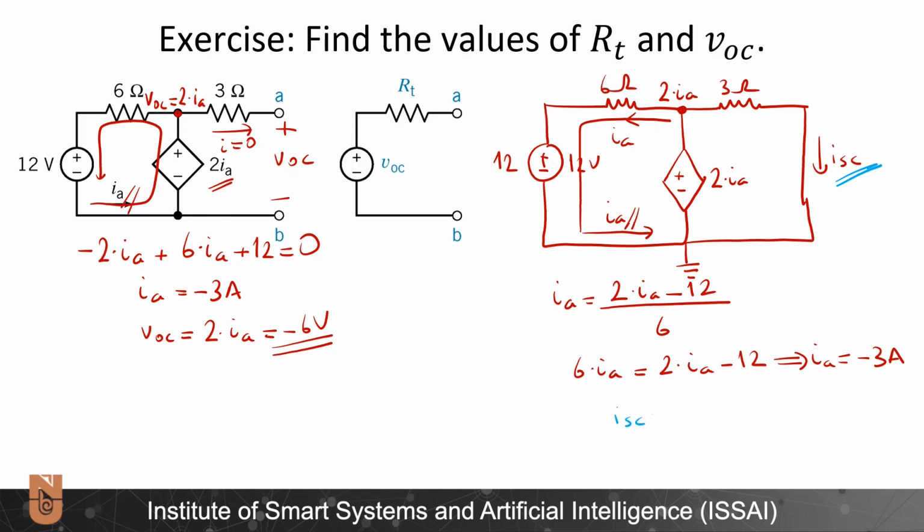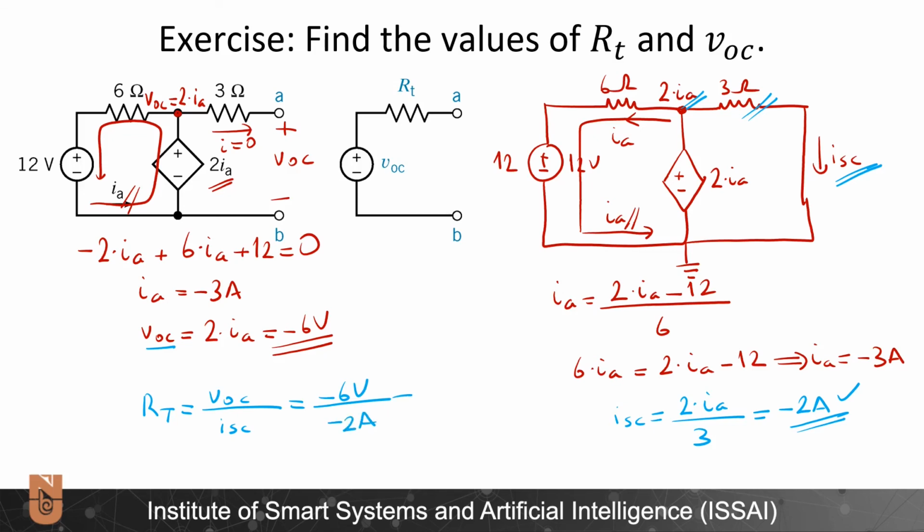I short circuit will be equal to 2 times IA divided by 3, and it will be equal to minus 2 amperes. I have V open circuit, I have I short circuit. Accordingly, our Thevenin resistance will be equal to V open circuit divided by I short circuit, which is equal to minus 6 volts divided by minus 2 amperes, and is equal to 3 ohms.